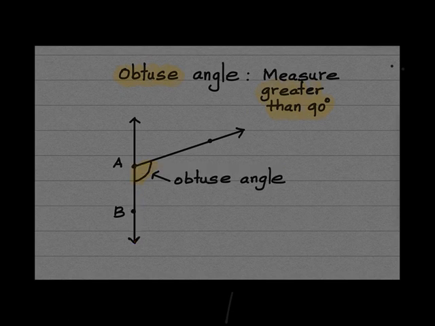Since it is an obtuse angle, it must be greater than 90 degree, right? So this is the obtuse angle, because it is greater than 90 degree. Learn the spelling of obtuse. O-B-T-U-S-E. Obtuse.